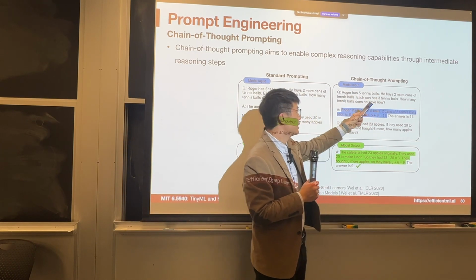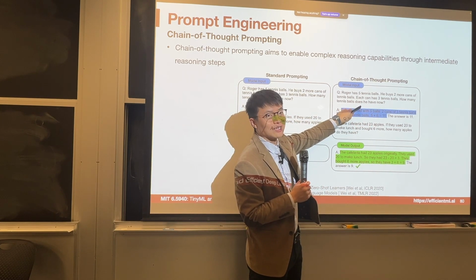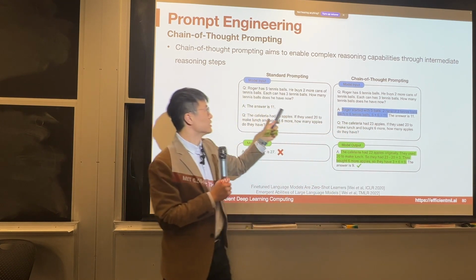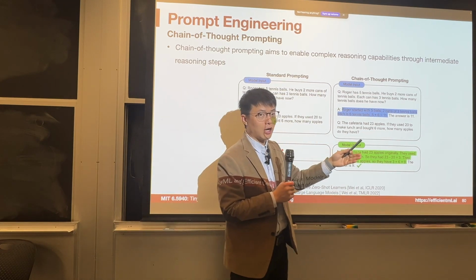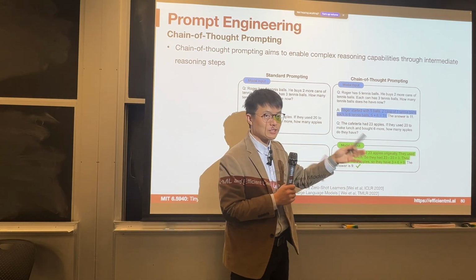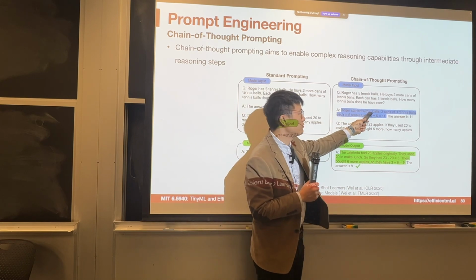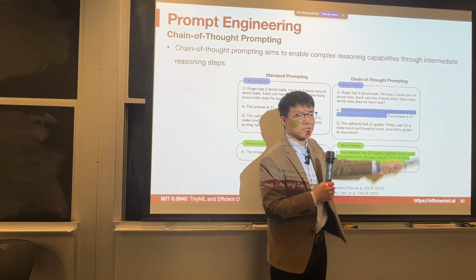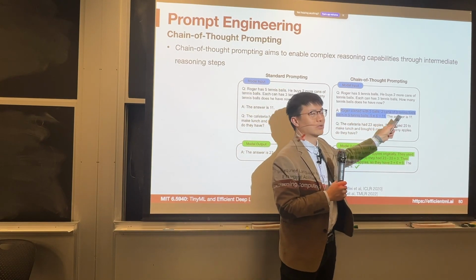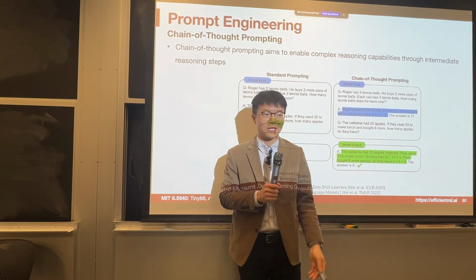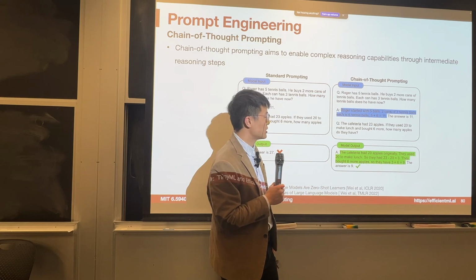Chain of thought prompting. In the first tennis ball example, rather than directly giving the answer 11, we tell it the thought process from A to B, B to C. For example, start with 5, 2 cans of 3, that's 6. 5 plus 6 is 11, so the answer is 11. We navigated through the thought process.